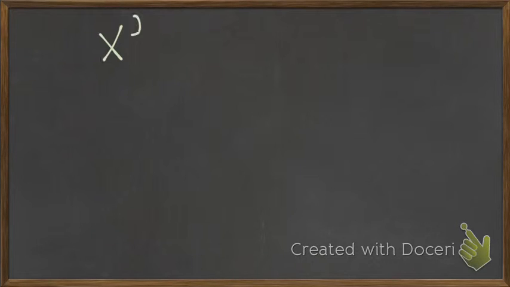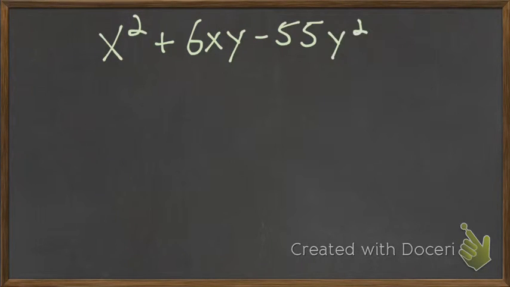x squared plus 6xy minus 55y squared. All right. Nothing changes here in a situation like this. The only thing is now our second number in the parentheses is going to have a y attached to it.